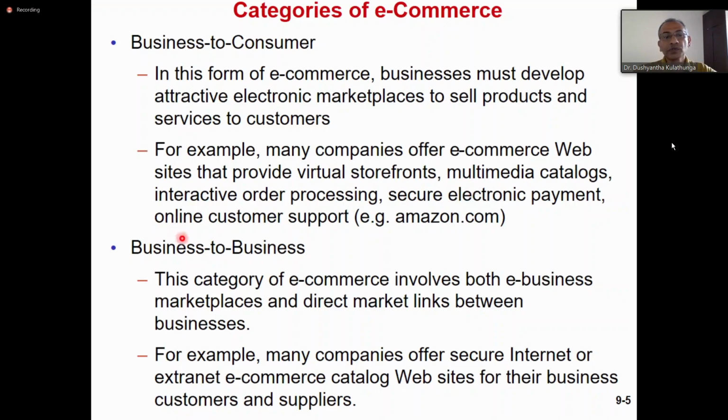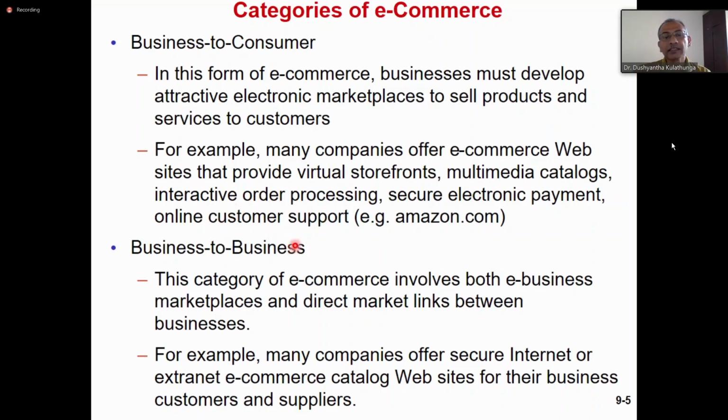In addition to that, online customer support, as I mentioned earlier, is very essential here. It can be online real-time support, but sometimes the customer interacts with the organization online and the responses may not come in real time because there is no 24/7 support facility given.